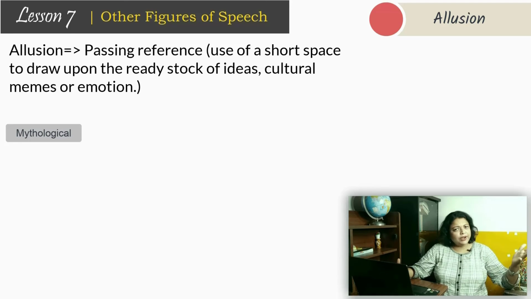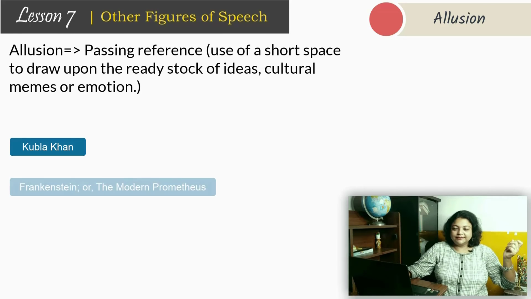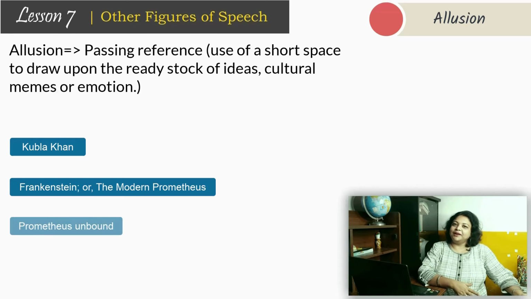Now, you have all read Kubla Khan. This whole poem is built on this allusion on Kubla Khan. The title of Mary Shelley's Frankenstein, it's beautifully alluding to something. The second part of the title is the modern Prometheus. So the whole title of Mary Shelley's work is Frankenstein or the modern Prometheus. Automatically, she wants you to understand what Prometheus means. And this is also very interesting because her husband wrote something like Prometheus Unbound.